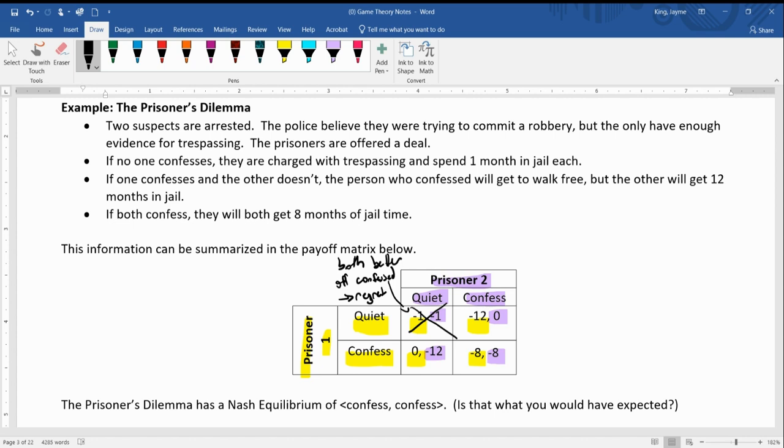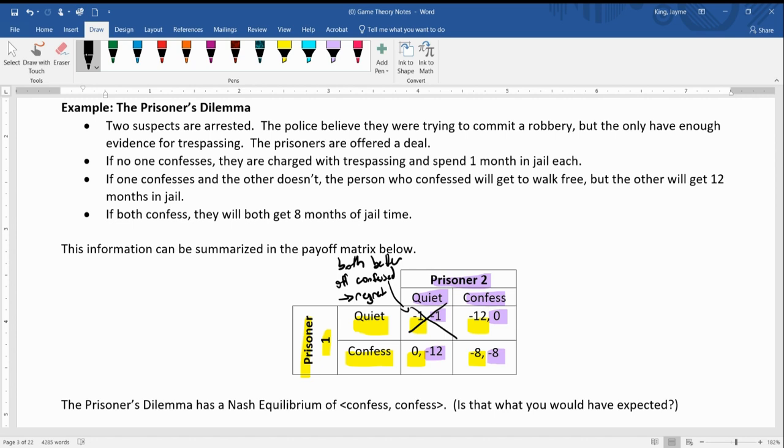All right, let's take a look at the next cell. This is the outcome where player one kept quiet and goes to jail for a year, and player two confessed and got no jail time. So is this a Nash equilibrium? It's not, because in this outcome player one kept quiet.